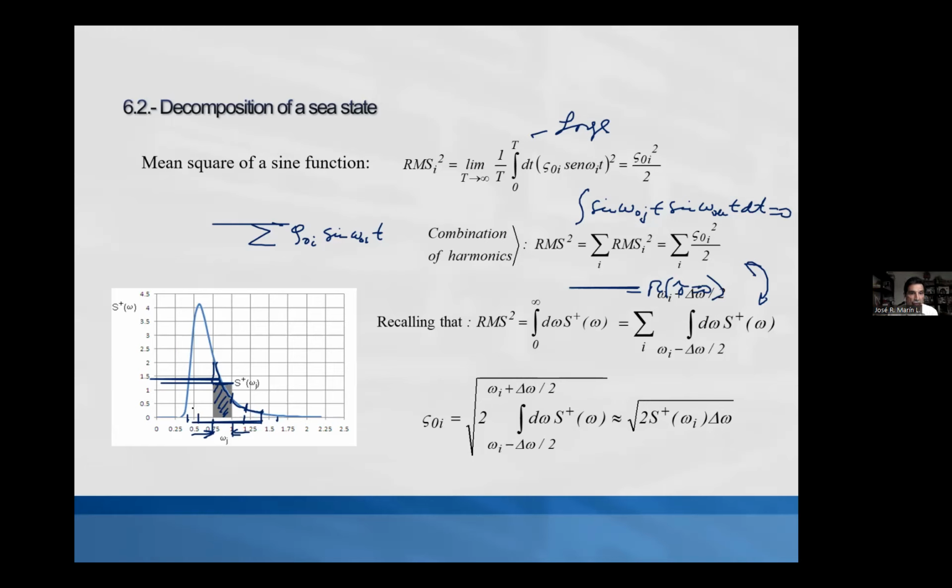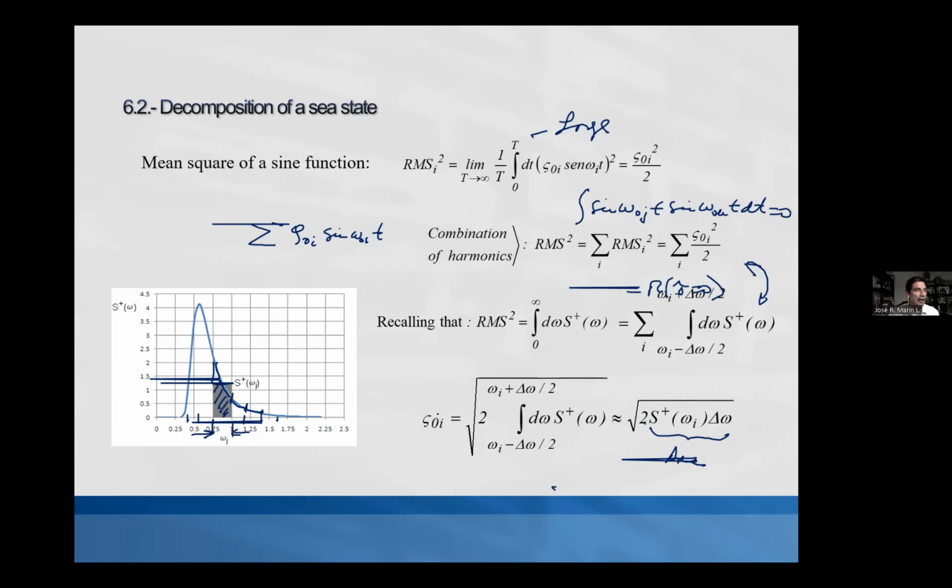Okay, and we can split it in intervals, and we can start calculating the area for each one of these intervals. And with this area, multiplied by 2 and taking the square root, that's the corresponding amplitude of the harmonic.